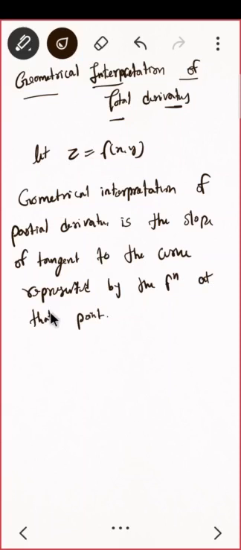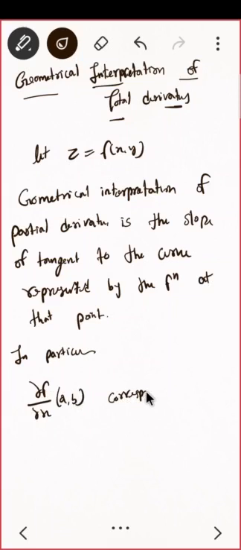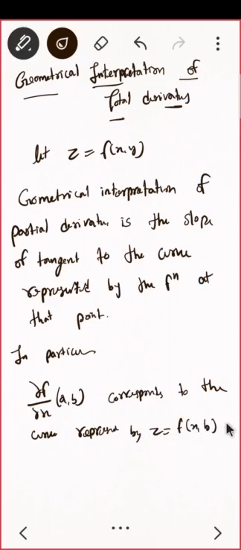Okay, in particular, if you say dou f by dou x at (a, b), so what do you mean by that? This corresponds to the curve represented by z equal to f of x, b.